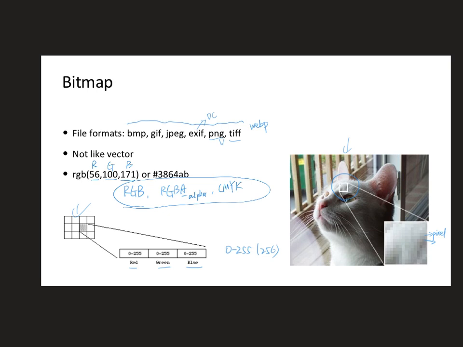So this represents the RGB value for this pixel. Okay. And if you write them in hex mode, that would be hash 3864AB. 38 is the same as the 56 in the RGB value. So from now on, we can see each pixel or each color can be written as text.